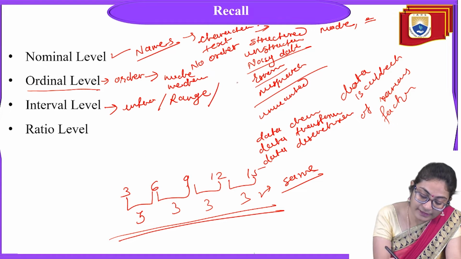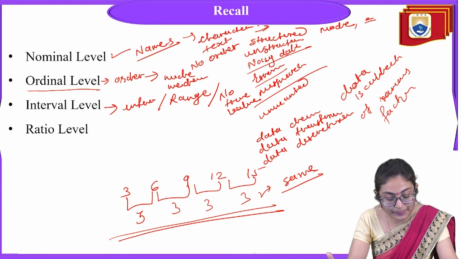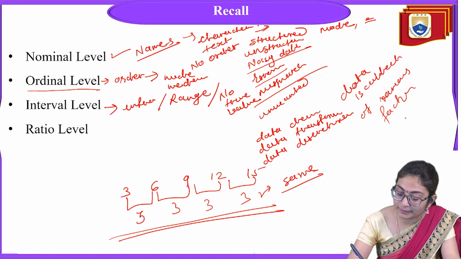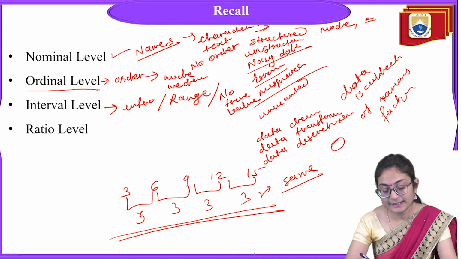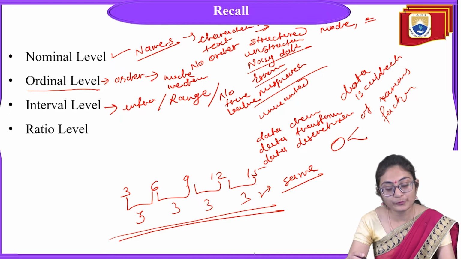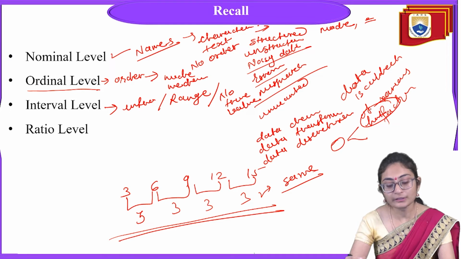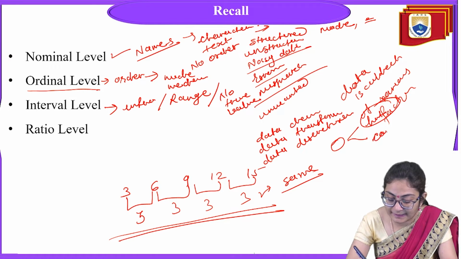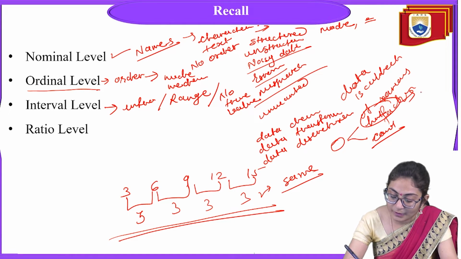Even it is showing no true zero value. For example, when we talk about temperature, if it is 0, that means we can't say there is nothing. We have to say it is very cool, or very hot.